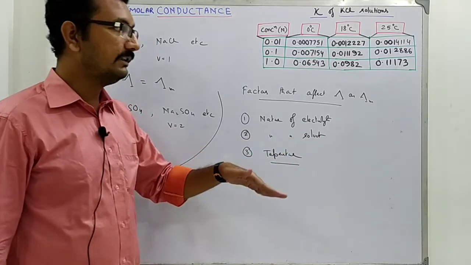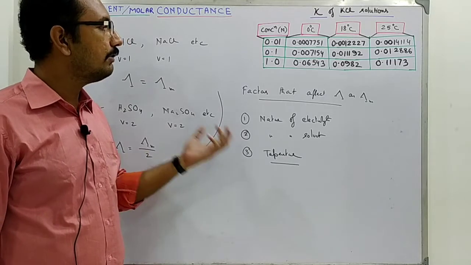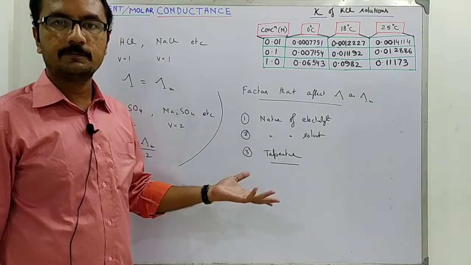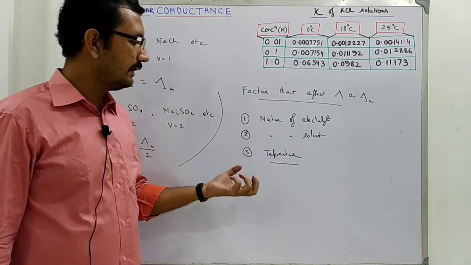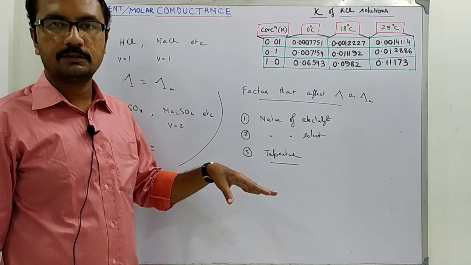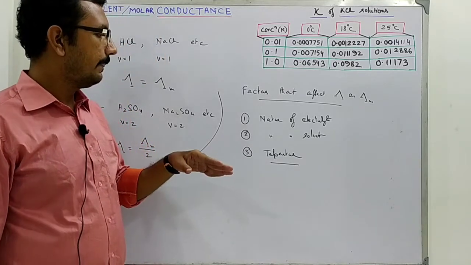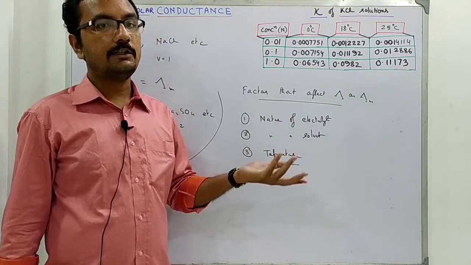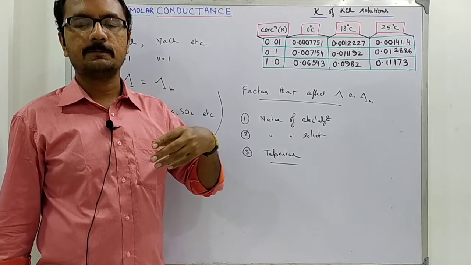But one thing, it is not the case that there is no effect of concentration. The effect of concentration will be there, but not in the concept that we were thinking in the previous lecture.